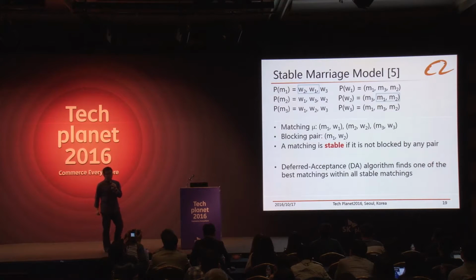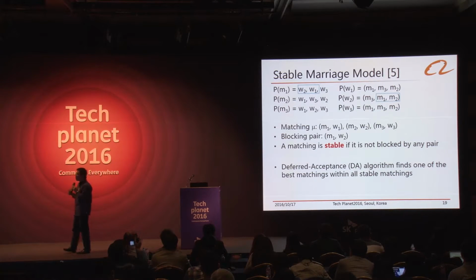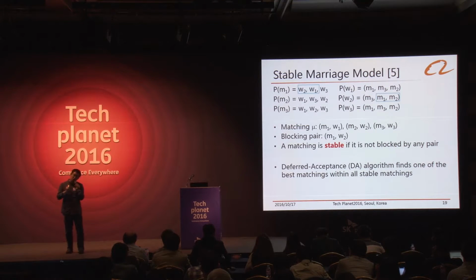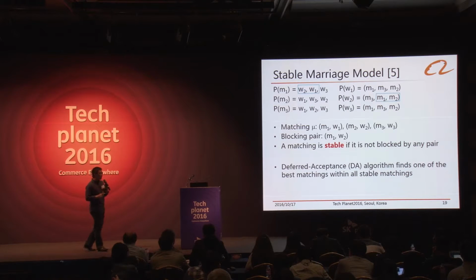Okay, so the question is, why does this have anything to do with our matching? Remember that in this matching algorithm, we only need the partial preference of each individual user and task. Therefore, we do not need any exact numerical value for those rewards at all.